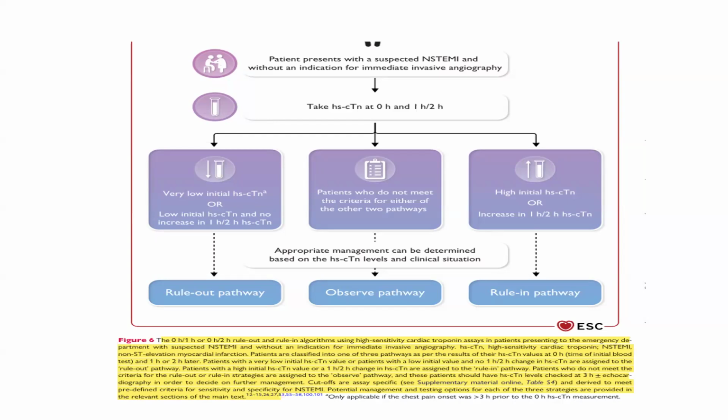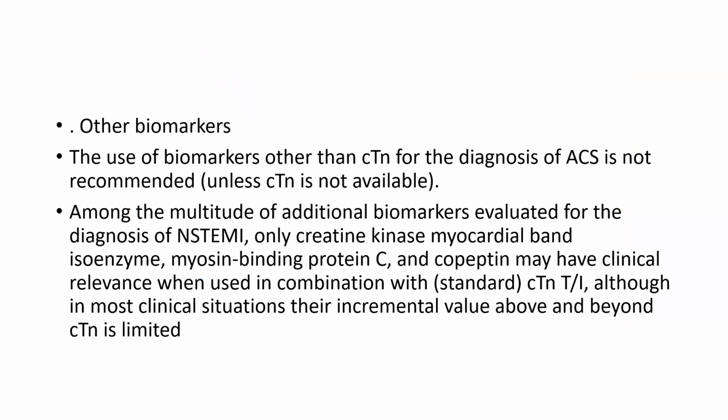If the HS troponin is very low, then ACS is ruled out. If there is a serial increase in HS troponin level, then the diagnosis of ACS can be made. If the patient does not meet the criteria for either of the other two pathways and there is high suspicion, then we need to keep the patient under observation.